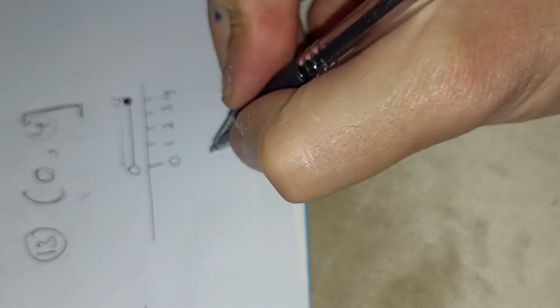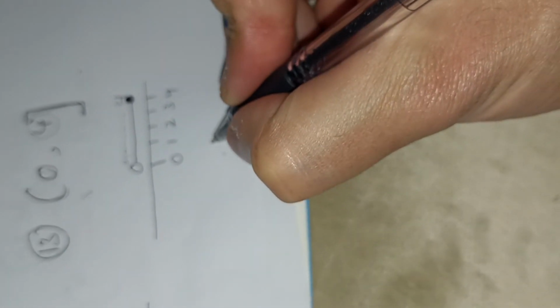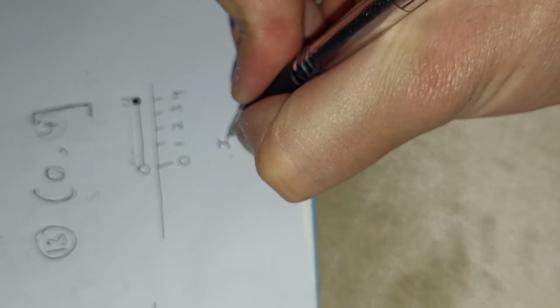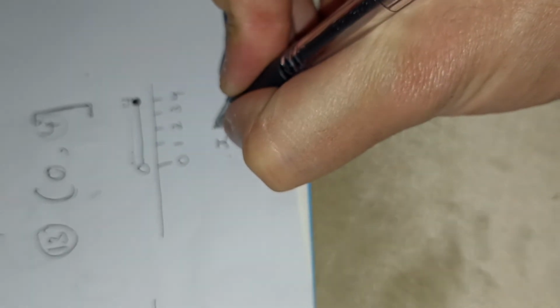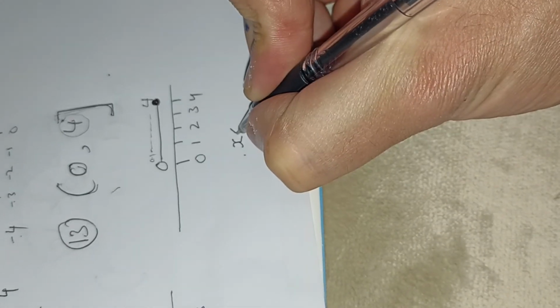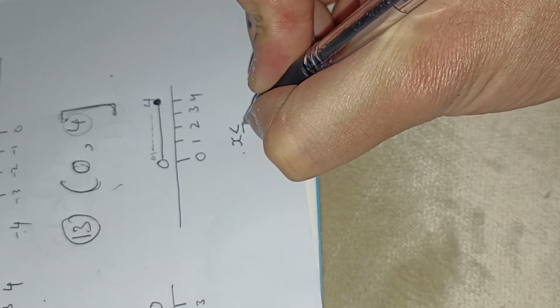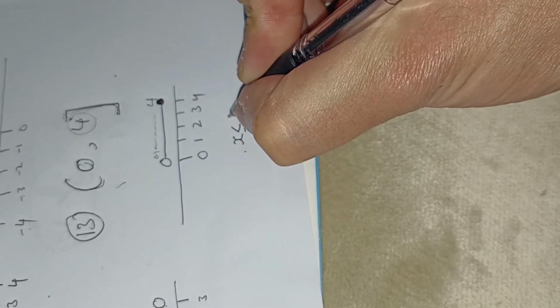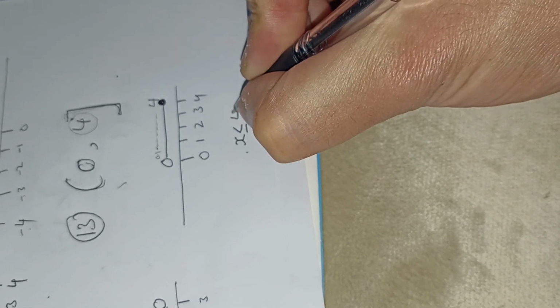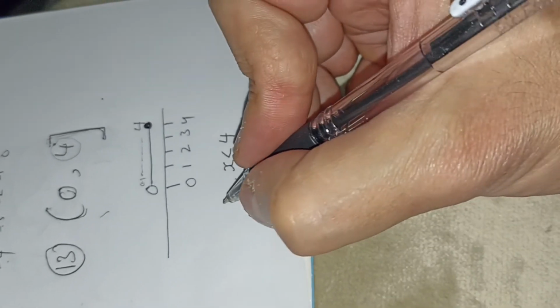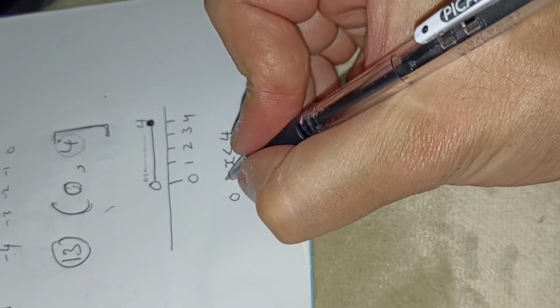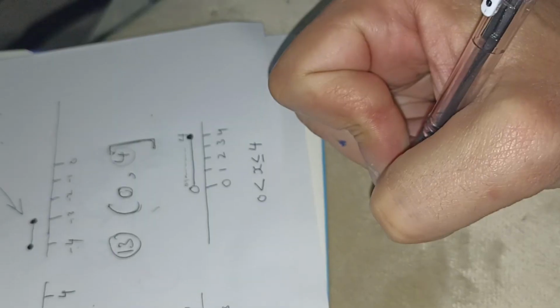Like we can say x is smaller than or equal to 4, whereas 0 is less than x.